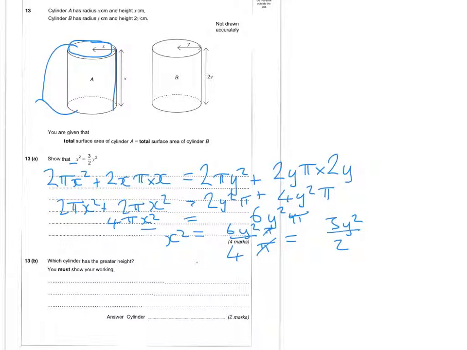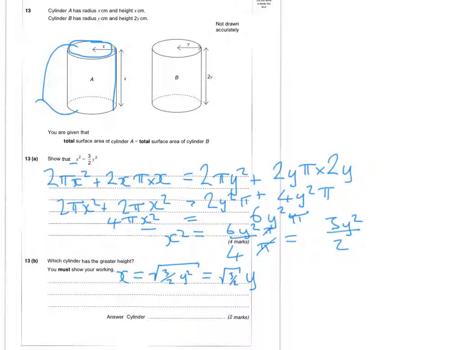Which cylinder has the greater height? Okay. Not 100% sure how I'll go about checking this. I guess I'll find x. So x is equal to the square root of 3 over 2 y squared, which is equal to root 3 over 2 y.